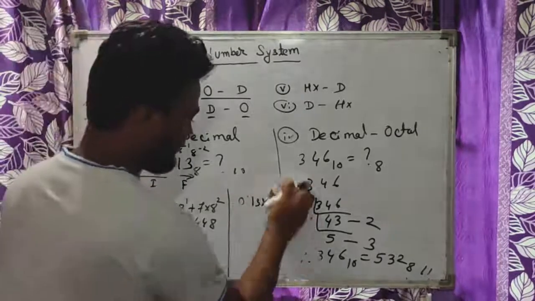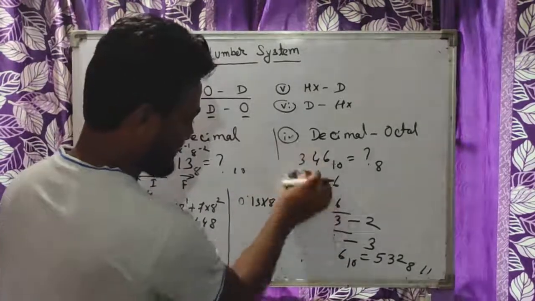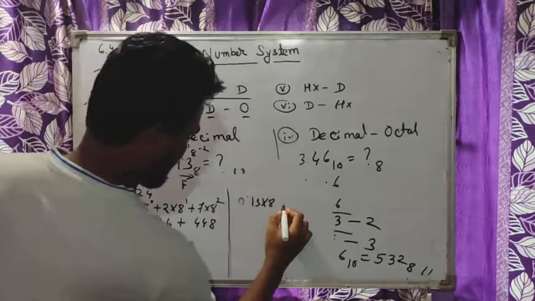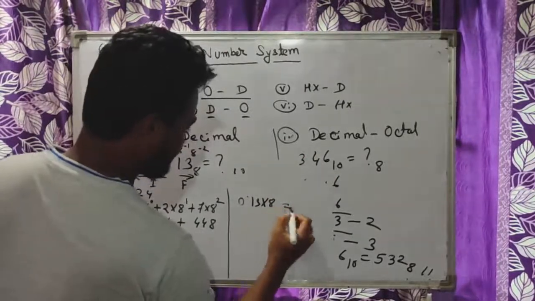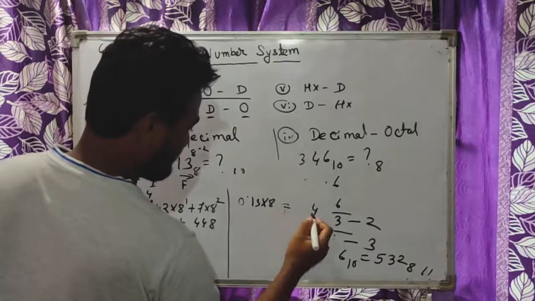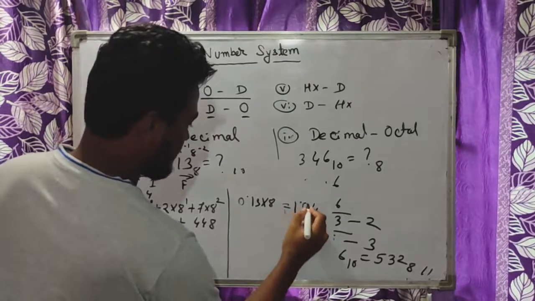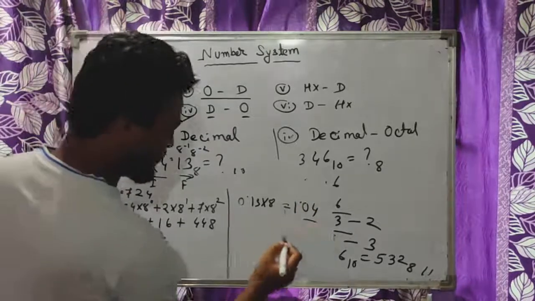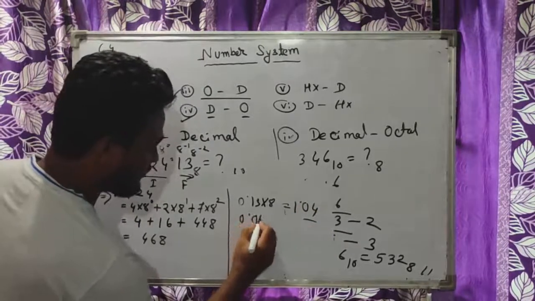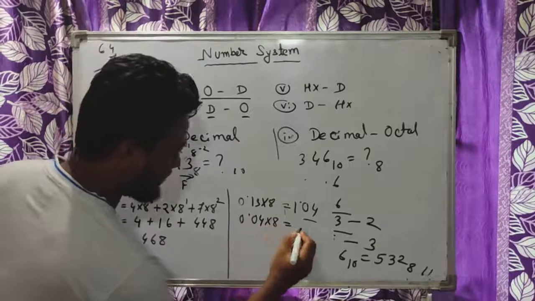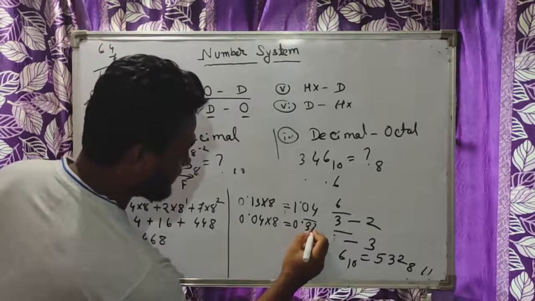So let's multiply this. Again we are getting a fraction, that means 0.04 into 8, so 0.32.